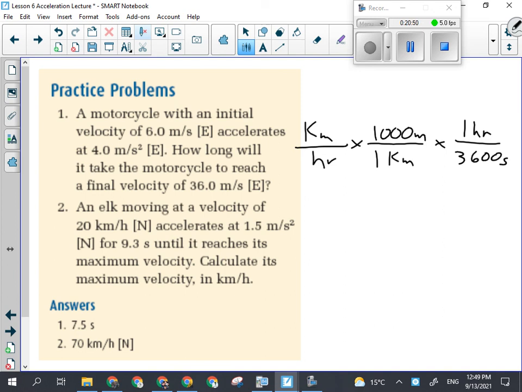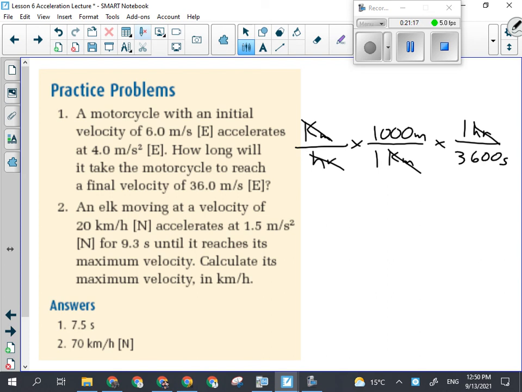All right, so when I multiply all this through, because I'm not saying do this every single time, I'm going to show you the shortcut here in just a second. I would take whatever this number in kilometers per hour was, for this question it's 20, and I would multiply it by 1,000, and then I would divide it by 3,600. And what would happen would be the kilometers would cancel, the hours would cancel, and I'd be left with meters over seconds, which is what I'm looking for.